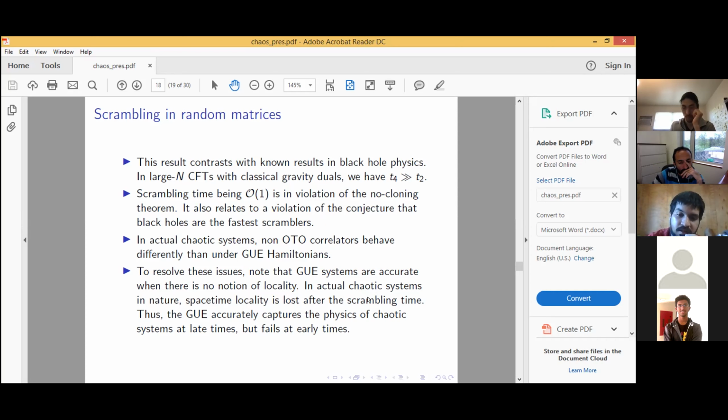In actual chaotic systems, the space-time locality is lost after the scrambling time. So this leads us to believe that random matrix theory, the GUE, accurately describes the physics of chaotic systems at late times, which is times after the scrambling time scale. But at early times, it fails.